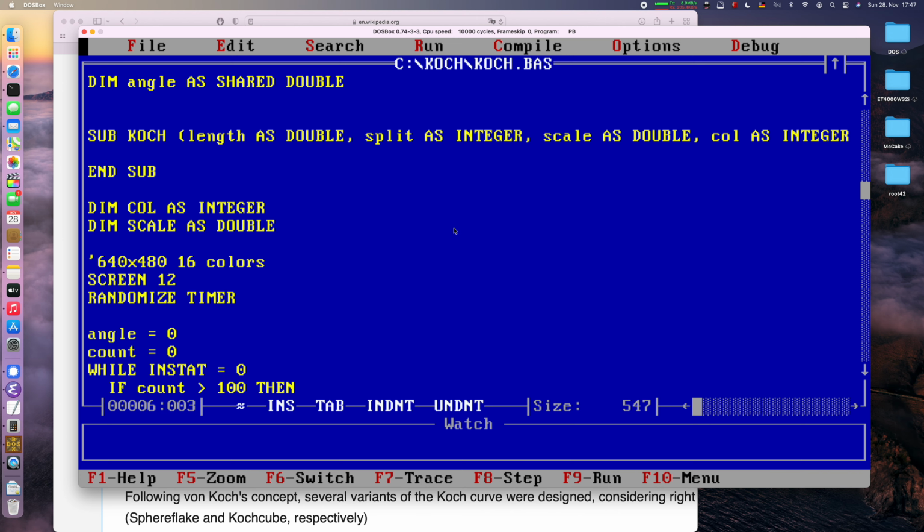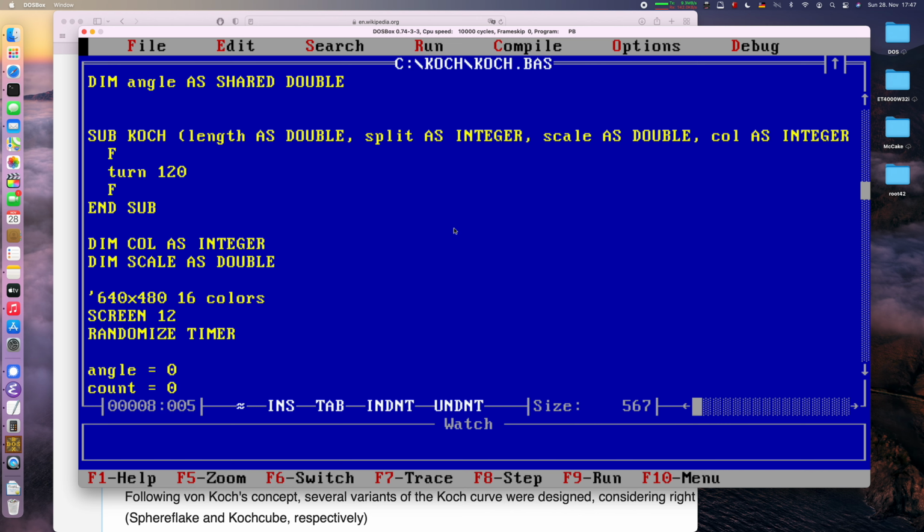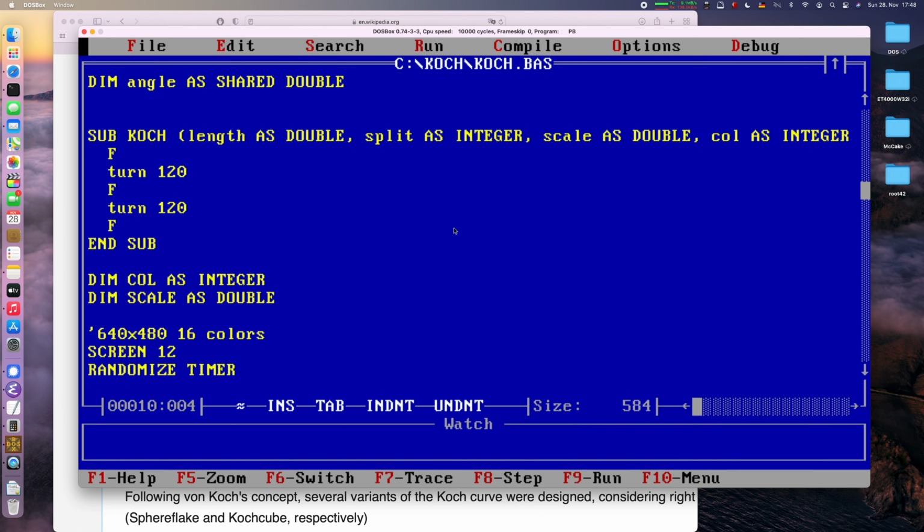We are doing the axiom, which was calling f, then doing a turn by 120 degrees, calling f, turn by 120 degrees, f again. Well, the subroutine f will also need the parameters that the Koch curve got, so we will just pass it length, split, however, minus 1, so when split reaches 0 we will stop, just draw the line and that's it.